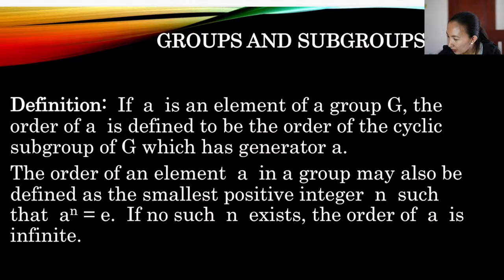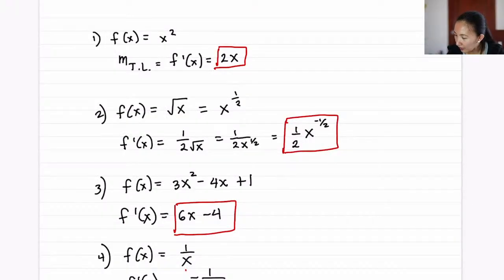Kasi, I could write this as x raised to negative 1. Earl Von, multiply the base to the exponent, then copy the variable, then deduct 1 from the exponent. Tama kaya? Sige, let's see.